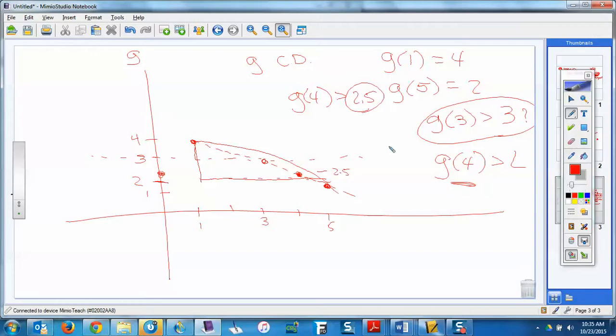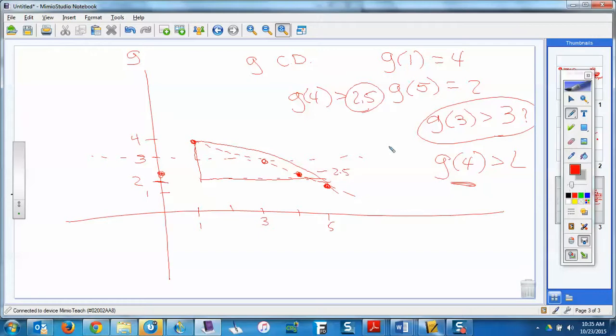Would other answers work? Well, because we don't have an exact graph, there could be a different one. So give me another number that G of 4, the y value at 4, is greater than.